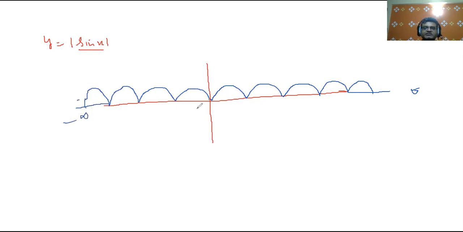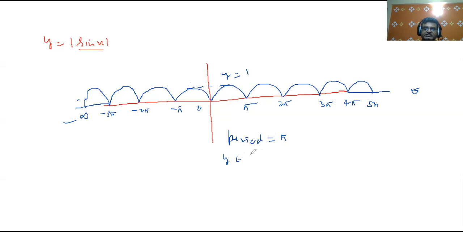up to minus infinity. So you can see 0, pi, 2 pi, 3 pi, 4 pi, 5 pi. It is minus pi, minus 2 pi, minus 3 pi. There is no change in the height. Height will remain the same. So now you can see that the period is changed. It is pi.